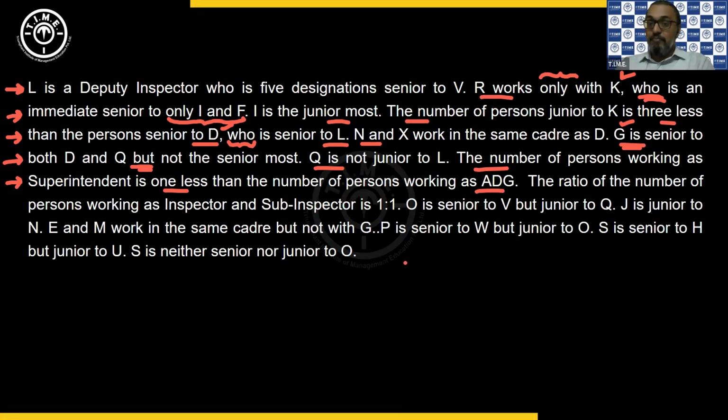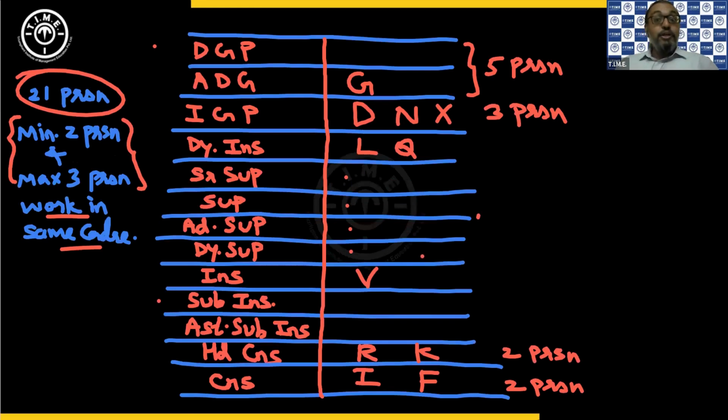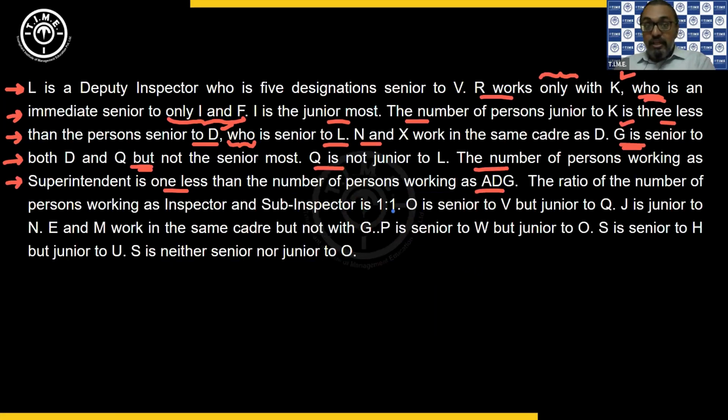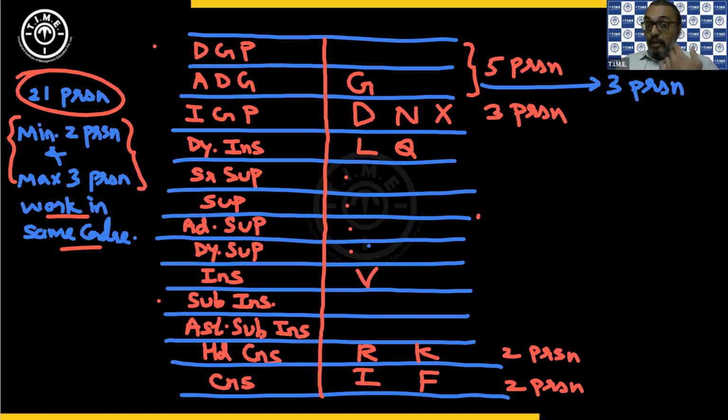Further, the number of persons working as superintendent is one less than the number of persons working as ADG. Now that confirms that the number of persons working as ADG should compulsorily have 3 persons, because the number working as superintendent should be one less than that. So superintendent should have 2 persons minimum, because minimum 2 persons is what we have.